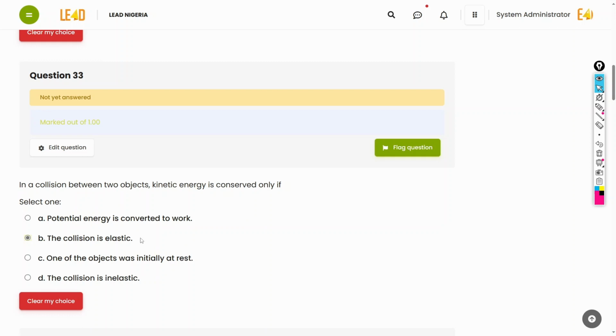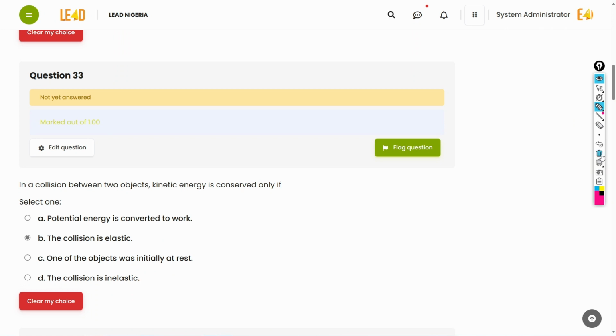And the reason why it's not conserved in inelastic collision is because a considerable amount of the energy is lost to deformation, because the two objects crash into each other. They are not elastic in nature, so they will not just bounce and go back. They'll crash into each other. So a lot of energy will be lost in the process of one or both of them being deformed.